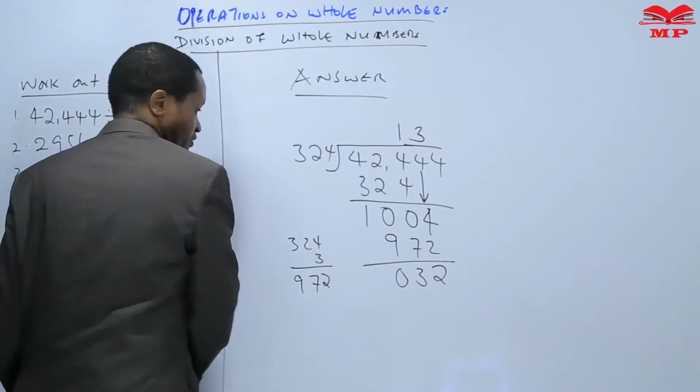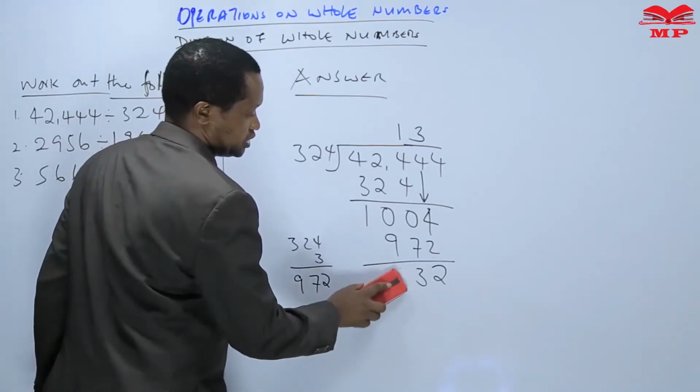This 0 has no meaning, so we don't need to write it there.